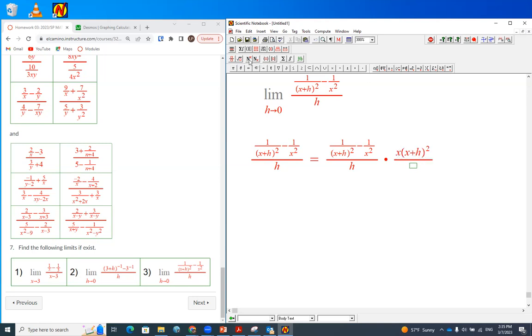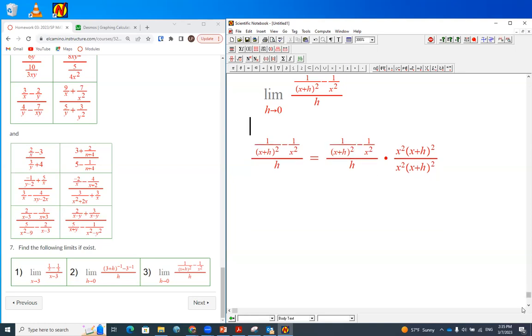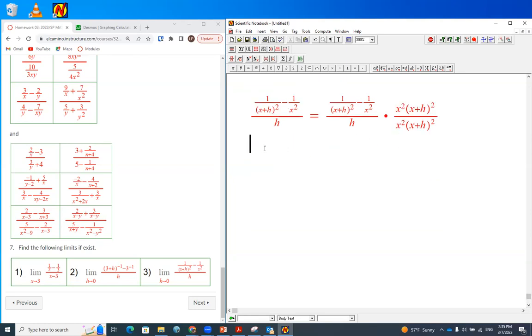So x squared, we're going to multiply x squared by x plus h squared. This is one of the ways. I will show you another way, because I saw a person do that in class on the quiz, so I thought that's also a good way to approach.